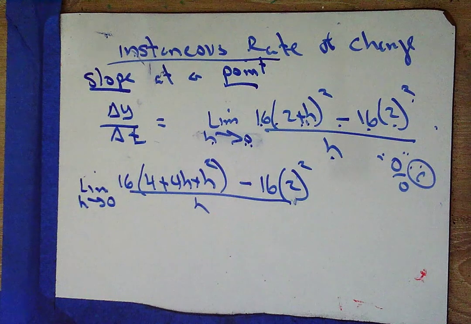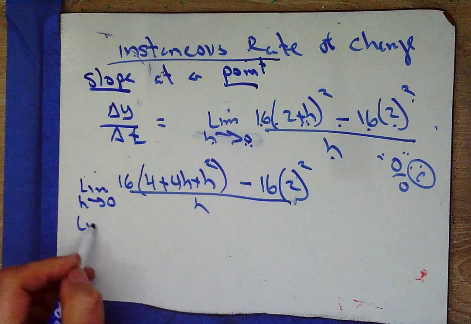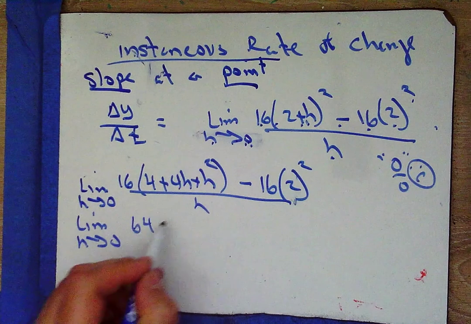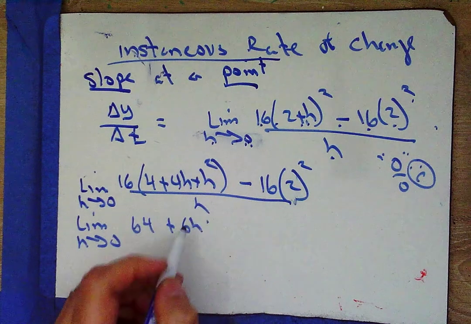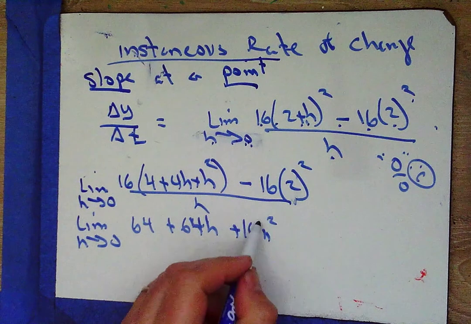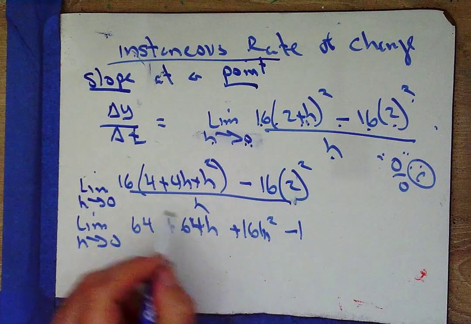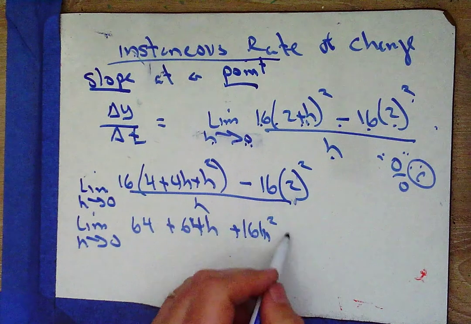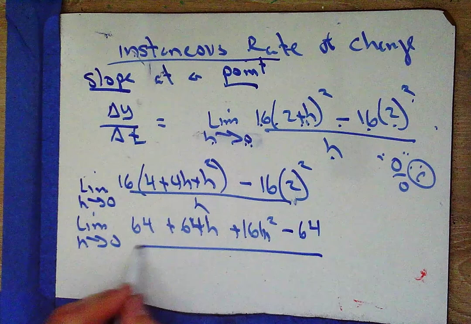Okay, now if I do direct substitution, it still doesn't work. So let's do some more algebra. The limit as h heads to 0, 64 plus 64h plus 16h squared minus 64 all over h.